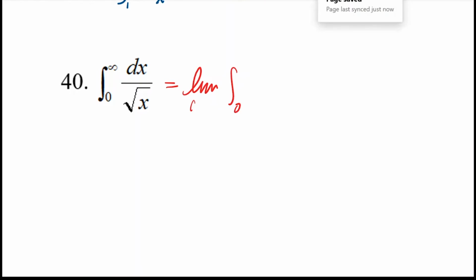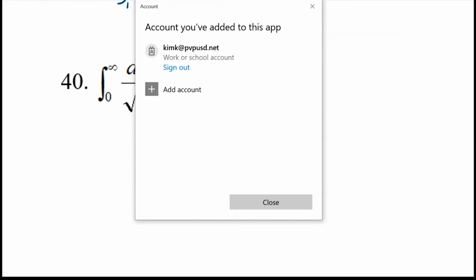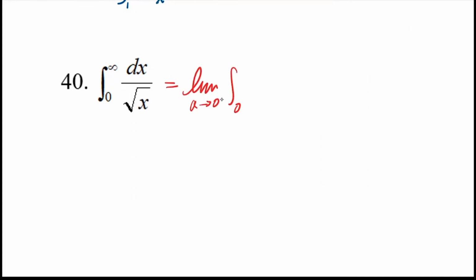I will have a approaching 0 from the right hand side, and this has to be a now, and let's cut it at 1, shall we, of x to the negative 1/2 power dx, plus the limit of b approaching infinity, from 1 to b. How about that? Good.